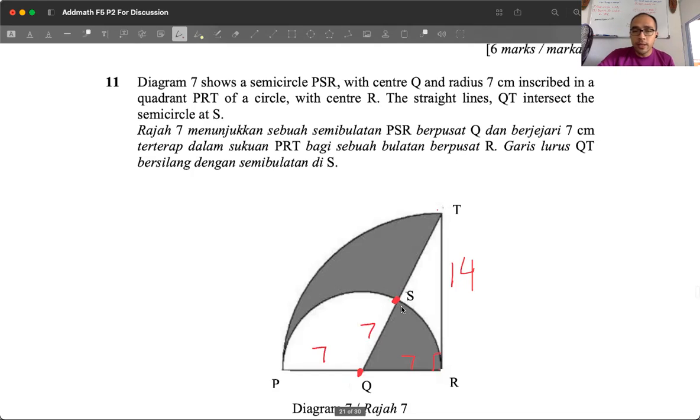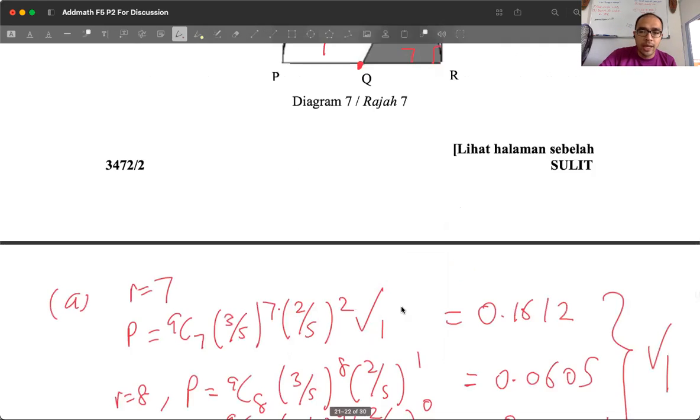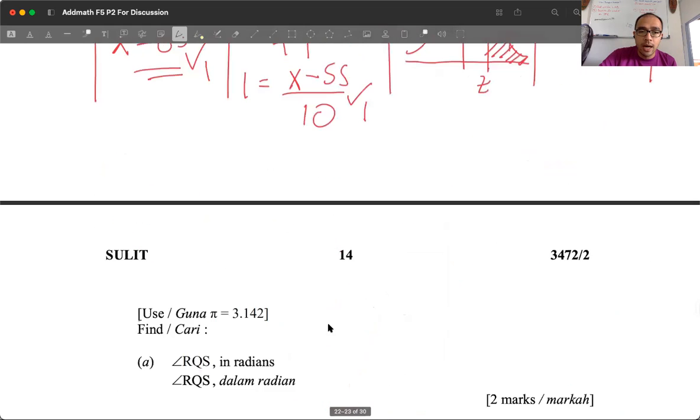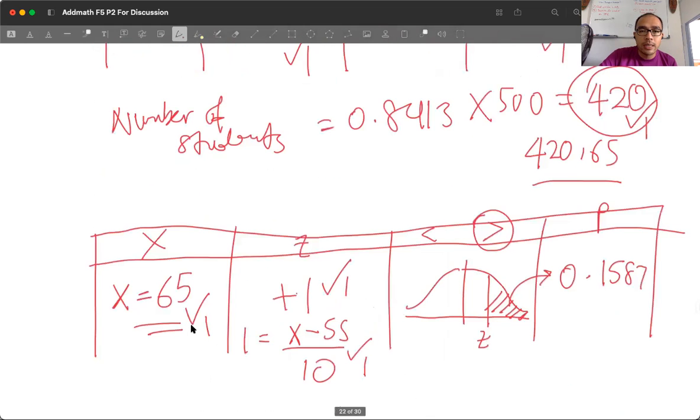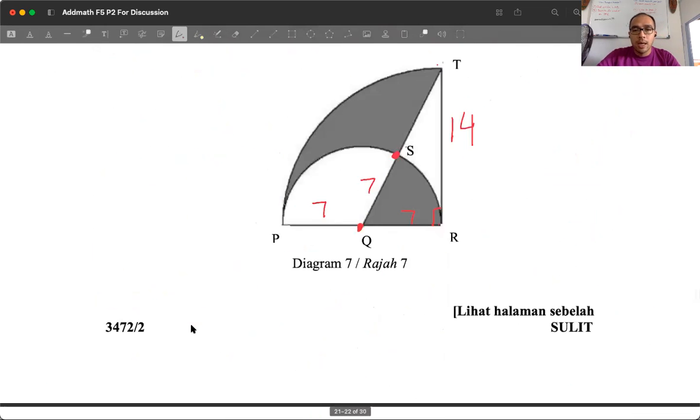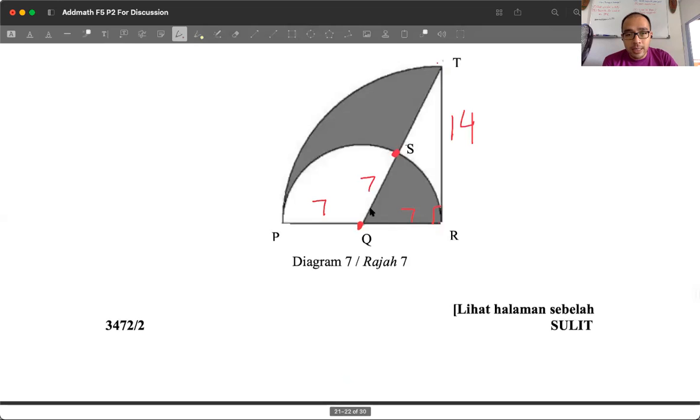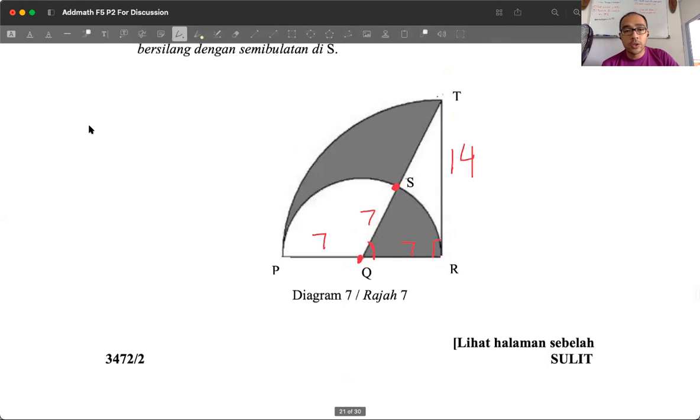Okay, so the first question, which I don't think they are asking us to find this, is RQS. Okay, let's see, RQS. RQS is this. Now, because this is right angle triangle, so I can say that tangent RQS equals to 14/7. Kita guna tangent lah, tau R. So tangent is 14/7.